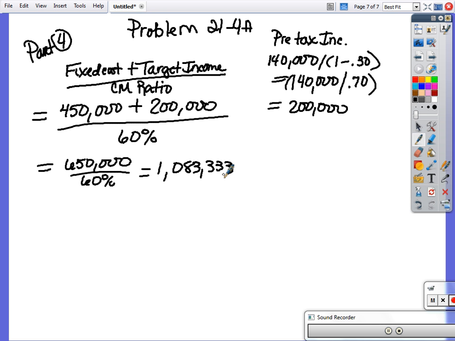Now, how do we find required sales in units? We take fixed cost plus target pre-tax income divided by contribution margin per unit.